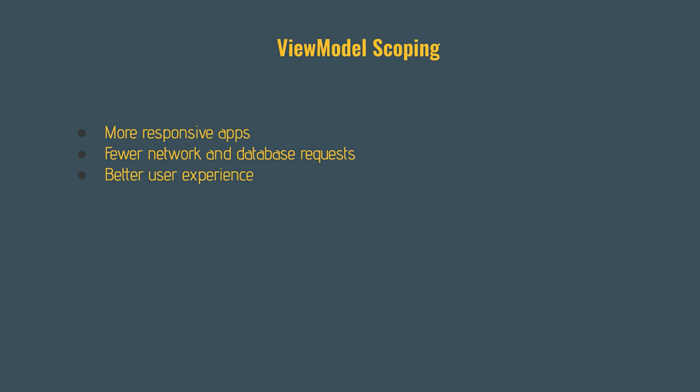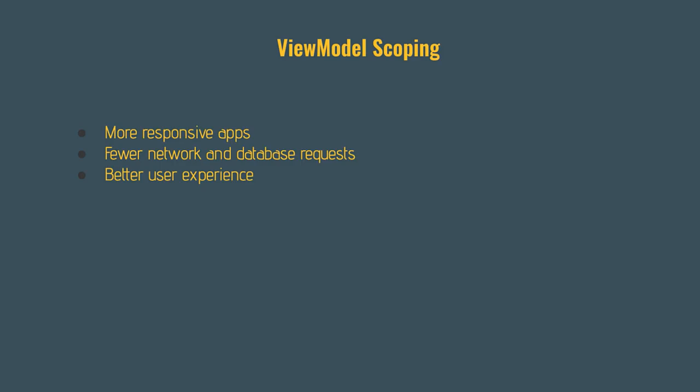Now, like I said, what this does for us is it helps our apps be more responsive. We make fewer network requests, database requests, and an overall better user experience. And we're going to see step by step how to combine all of these things to really make our code here easier to manage and more performant. You're going to see that the fragment becomes much less code.